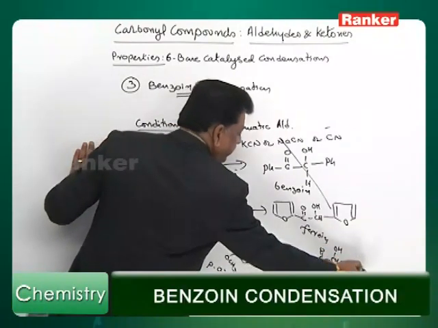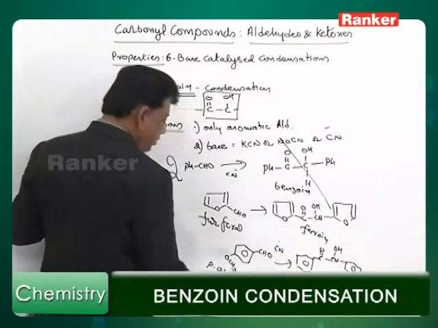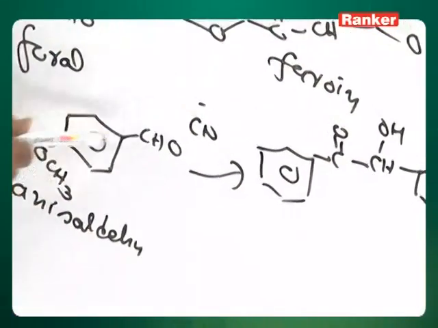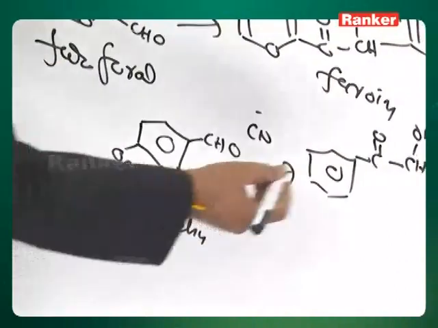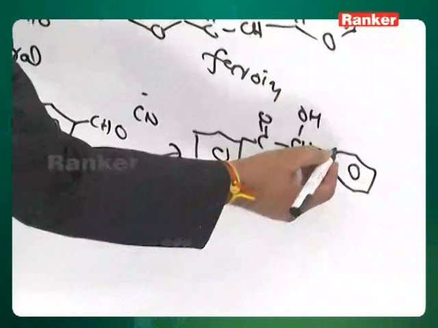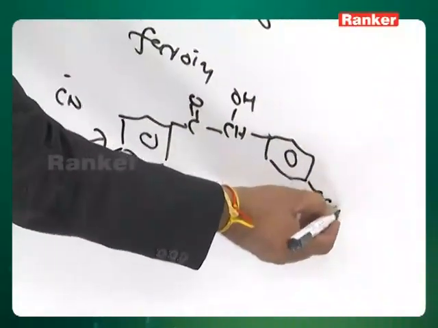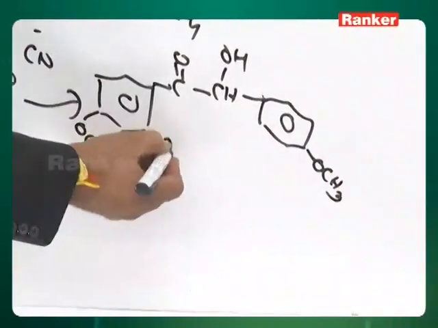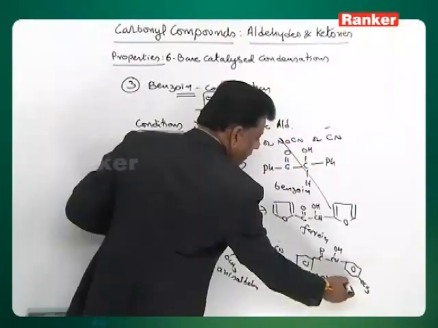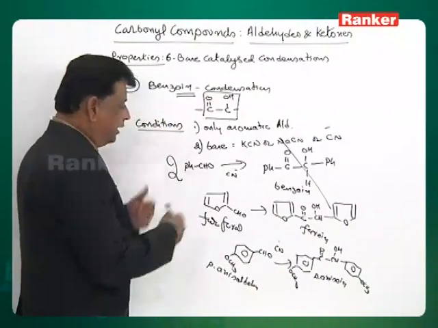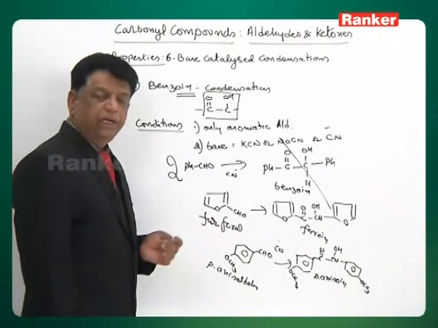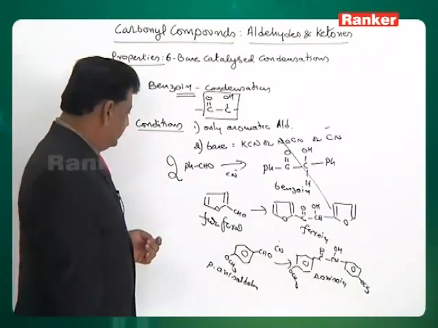Anisole means an OCH3 group should be there. This OCH3 and the aldehyde should be opposite to each other, that is para. So, here if this is the one, at the fourth position OCH3 will be there. Again with reference to this one, OCH3 will be at the para position. This is called para anisoin. Anisaldehyde will give anisoin. Corresponding benzoins are formed, therefore, the reaction is called benzoin condensation.